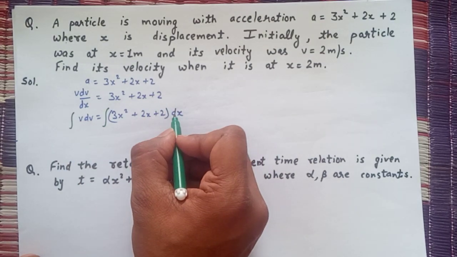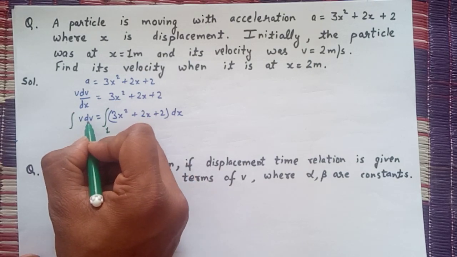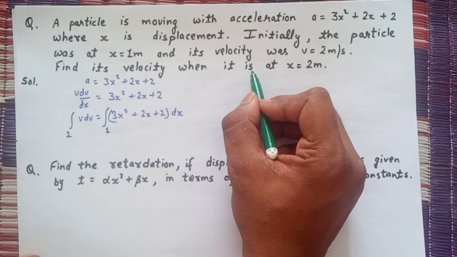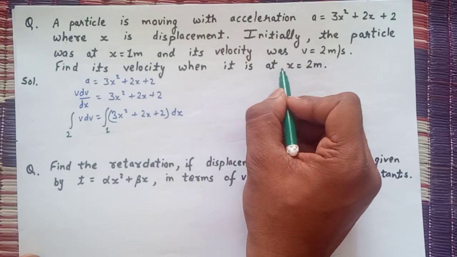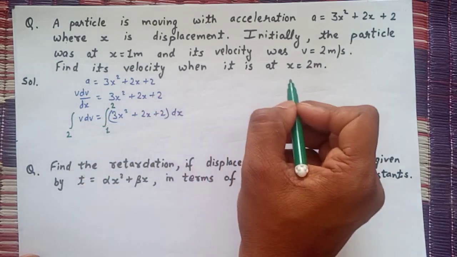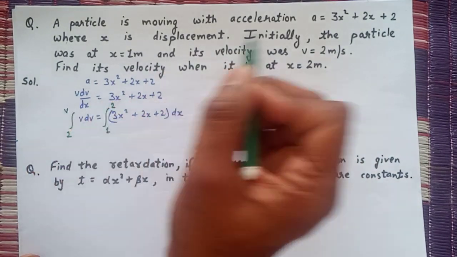what is the initial value of x? Initial value of x is 1. And what is the initial value of velocity? It is 2. Fine. And what is the final value of displacement? It is 2. And what is the final value of velocity? It is not given. We have to find it, let it be v.